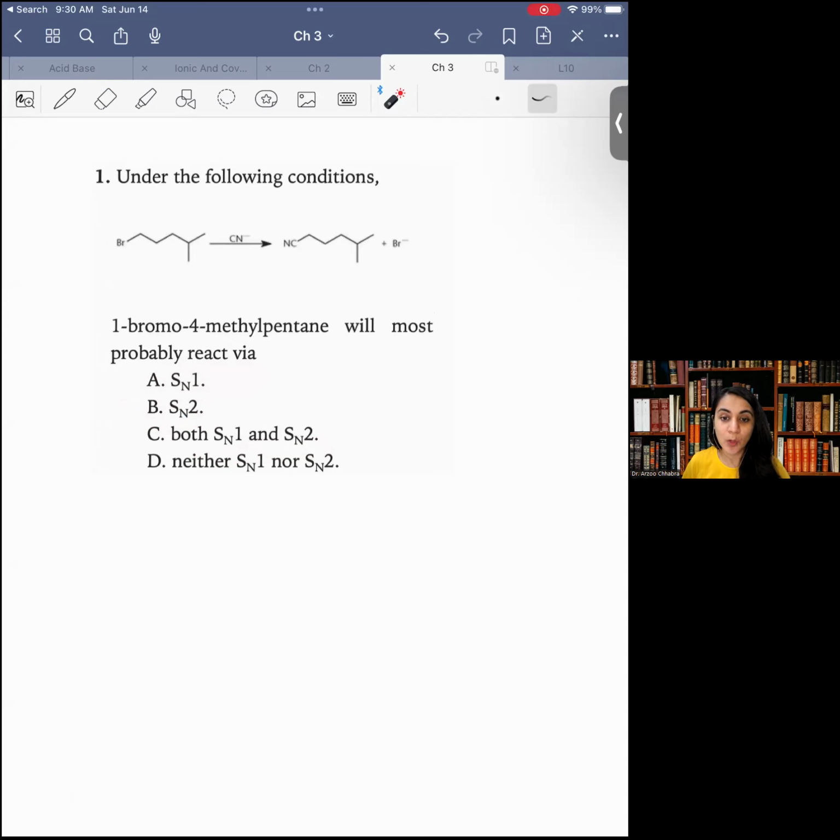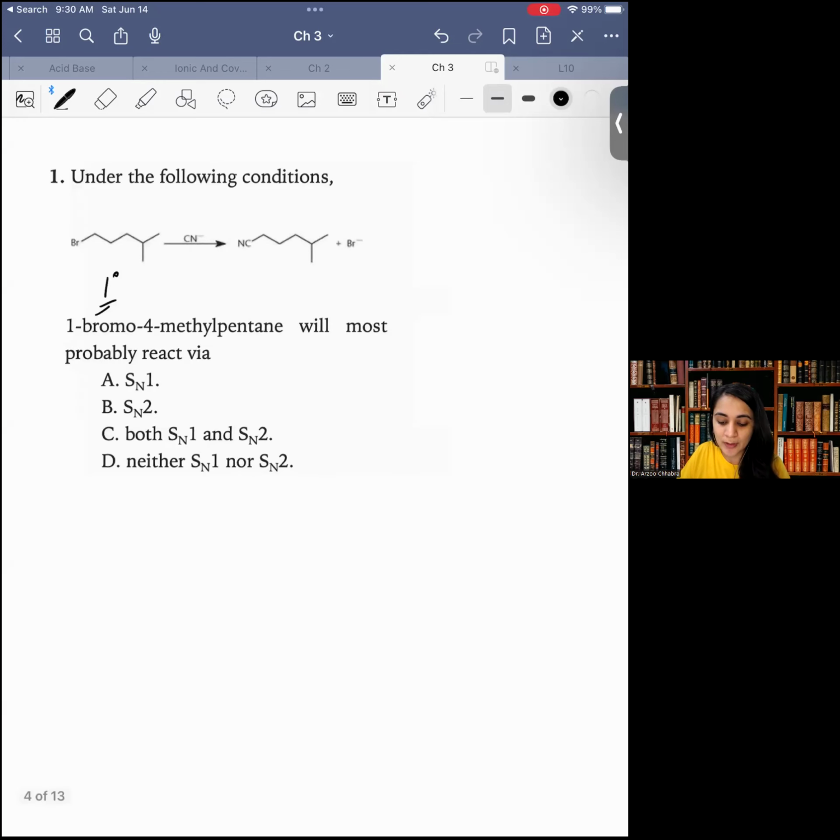It is a 1-degree alkyl halide, so the carbon of that alkyl halide is 1 degree. When your alkyl halide is 1 degree, that is a perfect setup for an SN2 reaction, right? An SN1 reaction will never take place at the 1-degree carbon center.